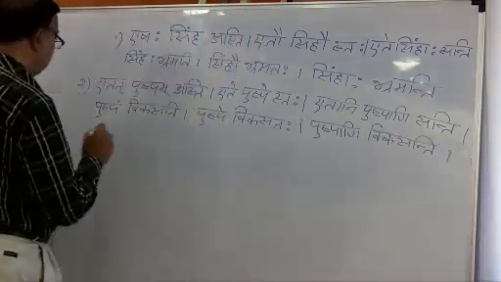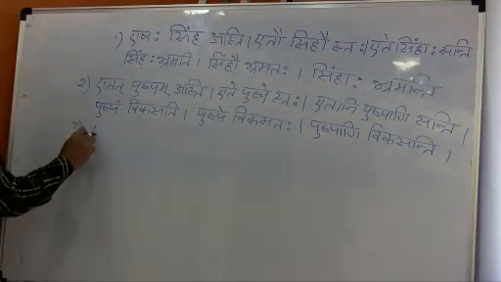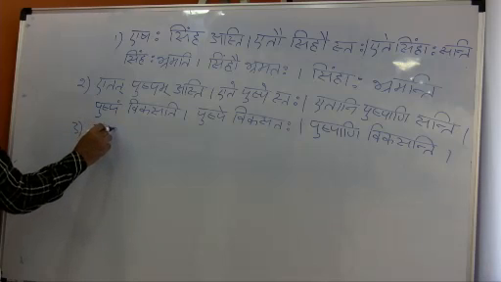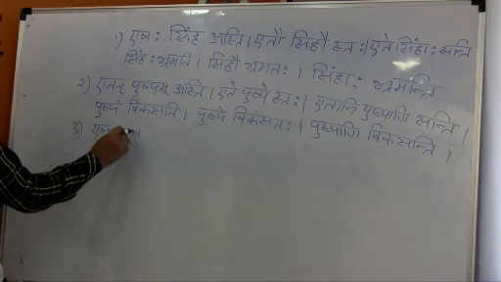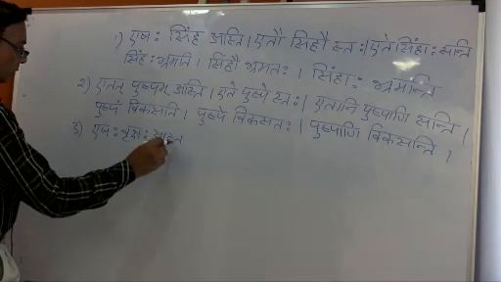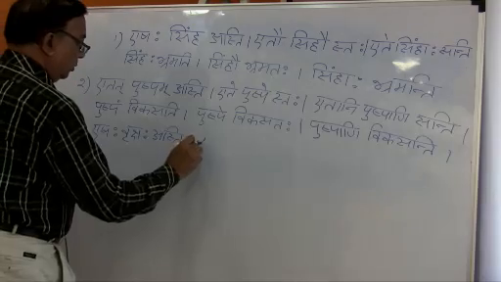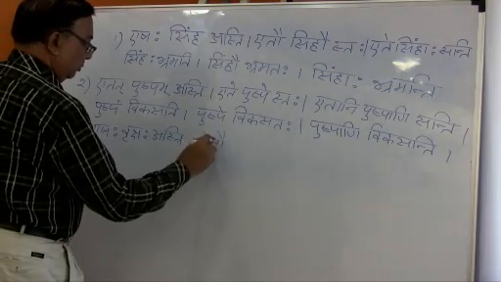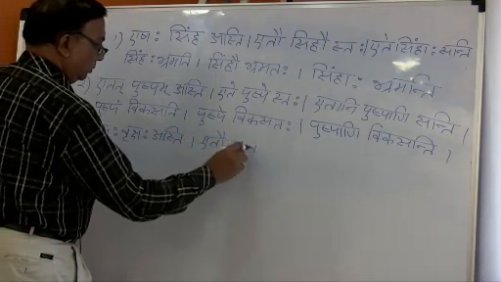Yes, next third one. एषः वृक्षः अस्ति. एतौ वृक्षौ स्तः.